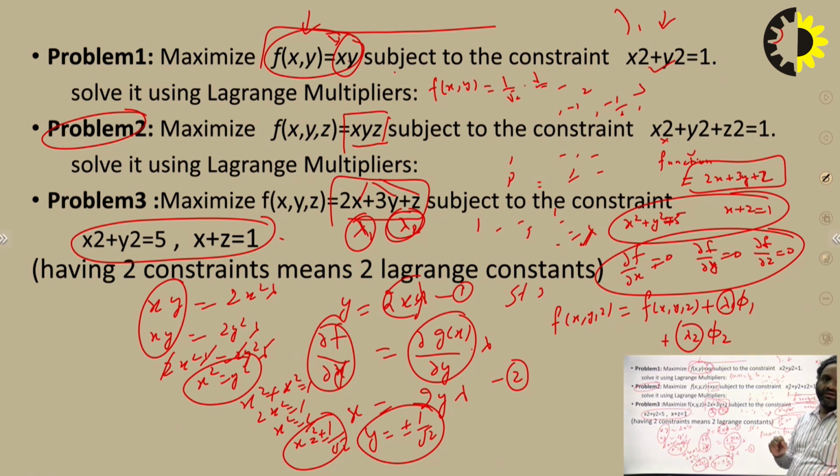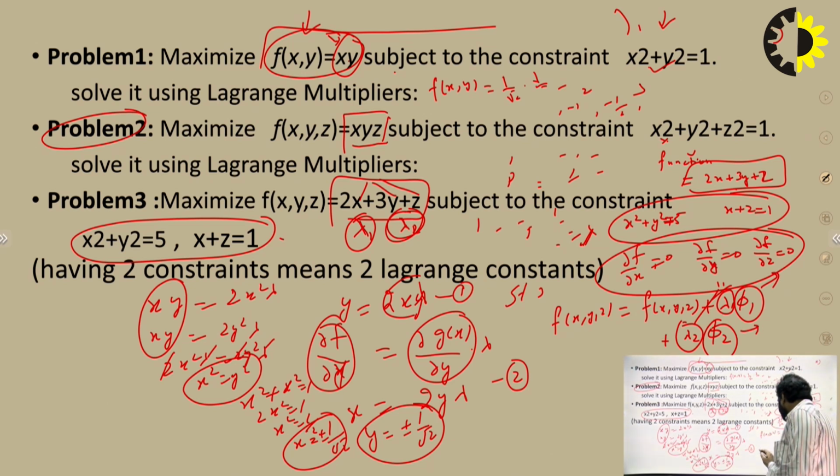These are our Lagrange multiplier constants, and these are our constraint number 1, constraint number 2.